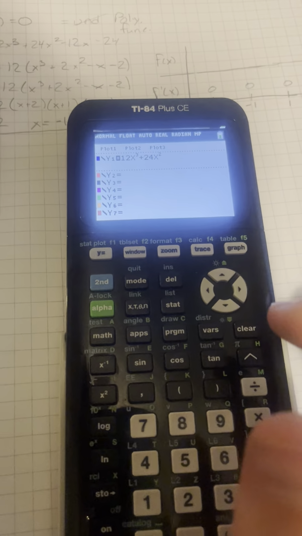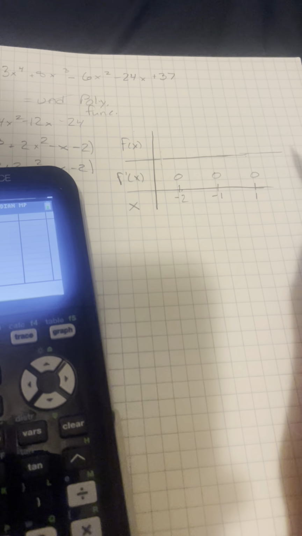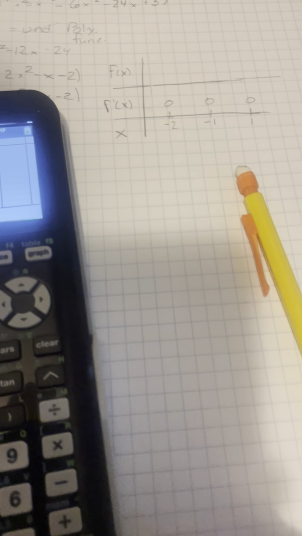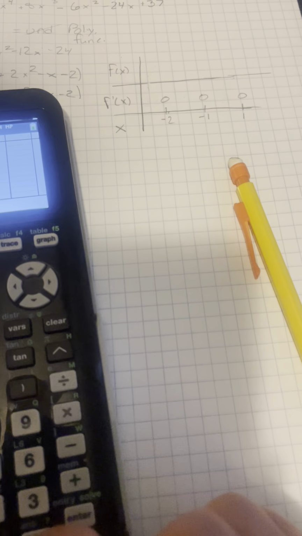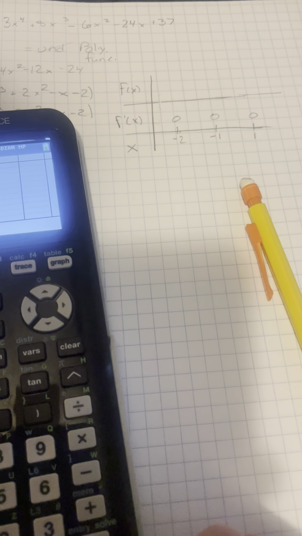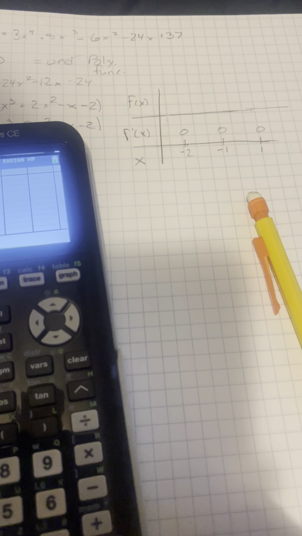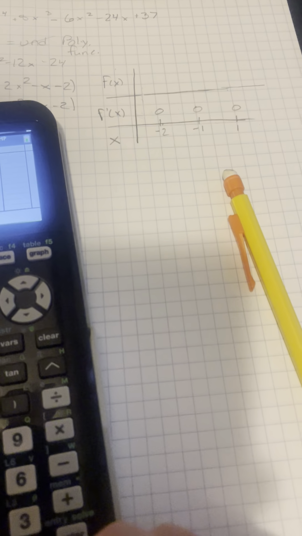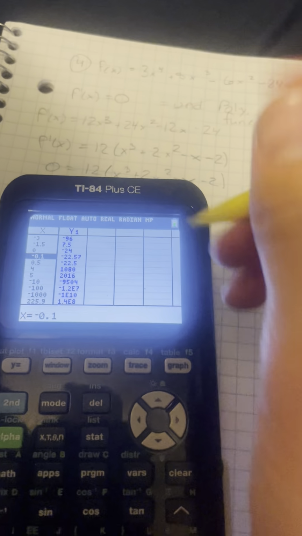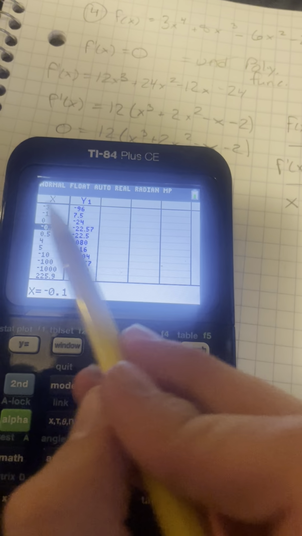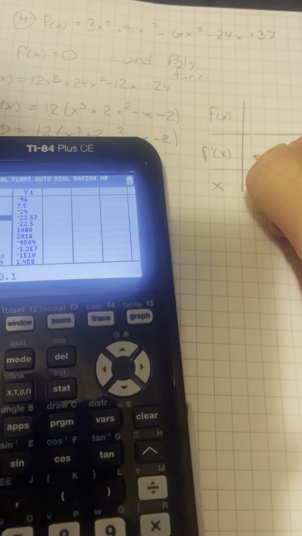I'm going to go to the table, and I'm going to pick numbers in between these values to see if it's positive or negative. So I'm going to go minus 3, minus 1.5, that's in between minus 2 and minus 1, and then 0. As we can see, when it's minus 3, y is minus 96, so we know it's negative there.